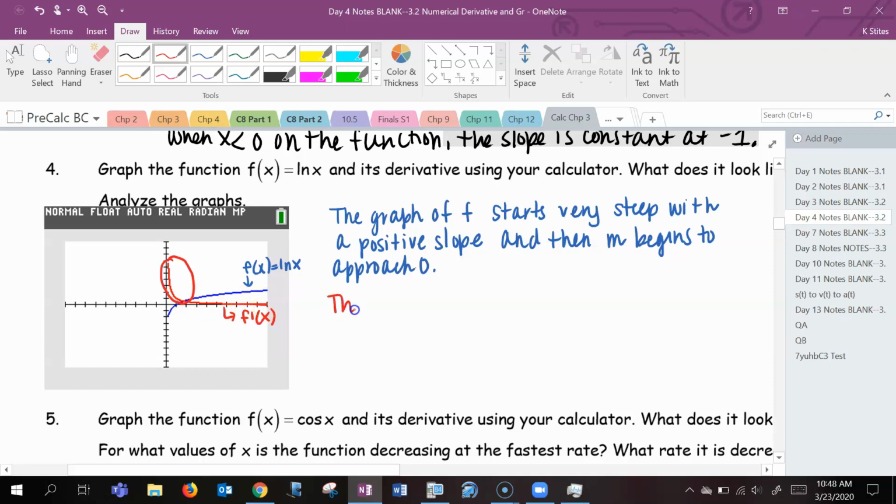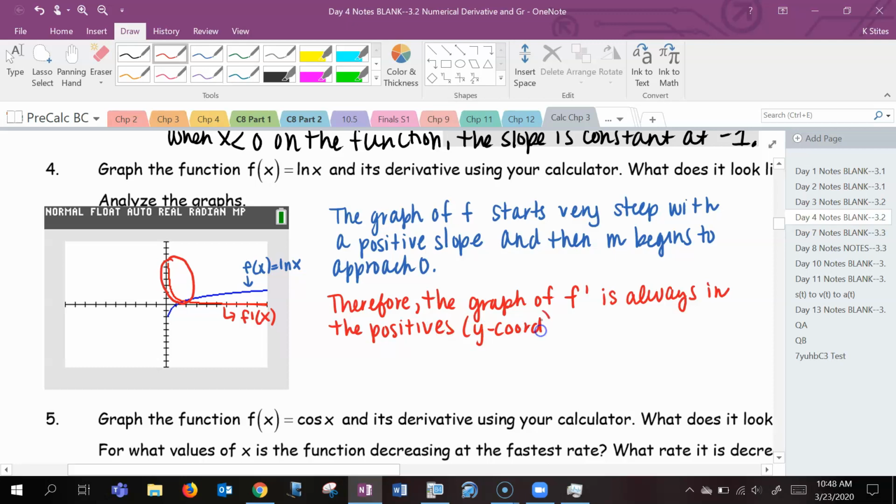So I'm going to say, therefore, the graph of f prime, because that's faster to write, is always in the positives. That's referring to the y-coordinate. And then begins to approach the x-axis.